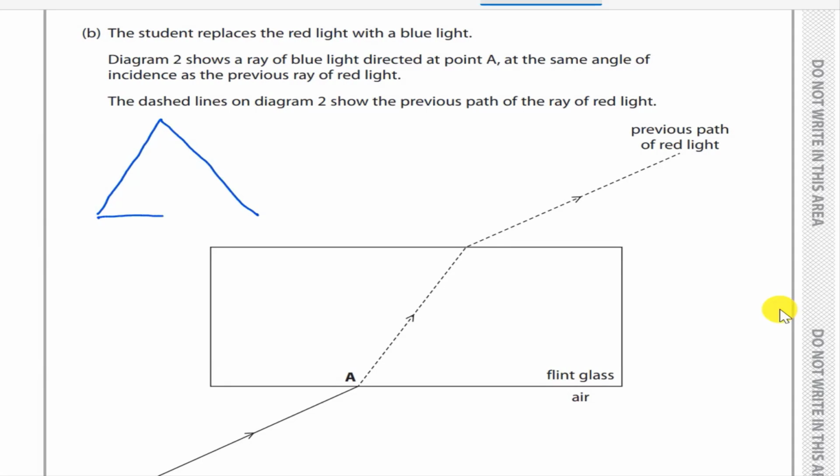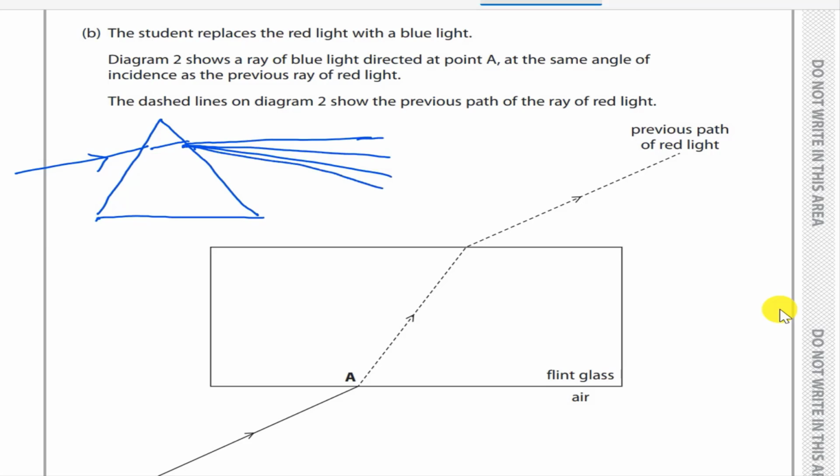We know if white light is incident on a glass prism, then this white light is separated into 7 colors because different colors are refracted through different angles.